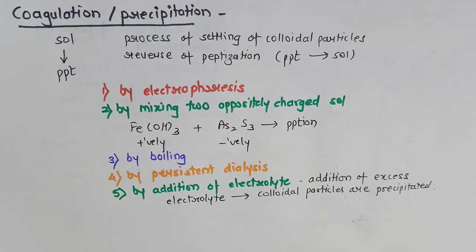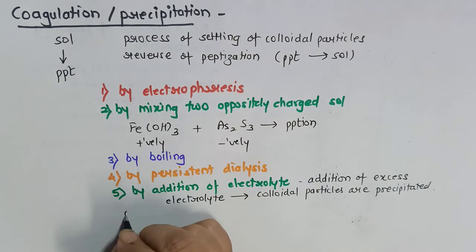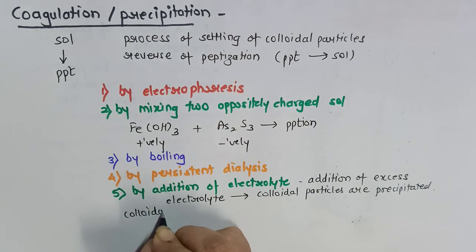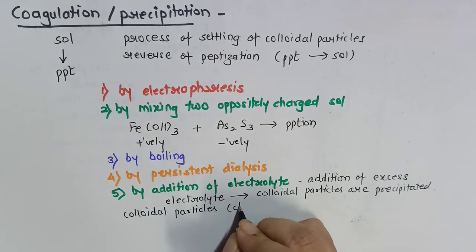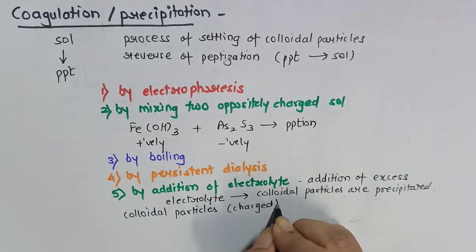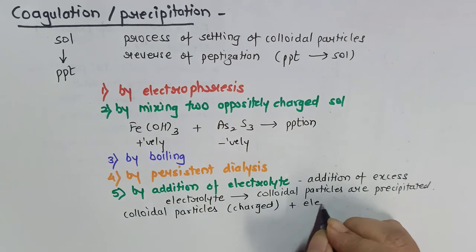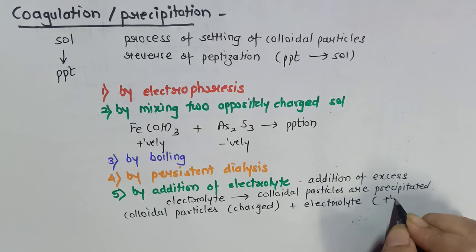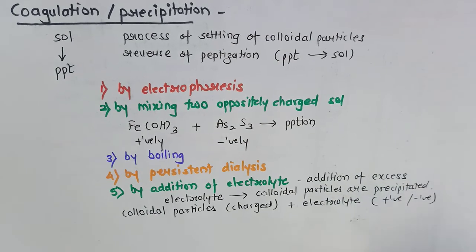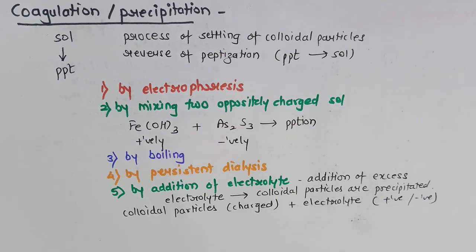Addition of excess electrolyte to a colloidal solution will result in precipitation. Why? We know colloidal particles are charged, and we are adding electrolyte to it. Electrolyte will also have some charge, either positive or negative or both. So they will neutralize the charge present on the colloid, ultimately resulting in the formation of a precipitate.